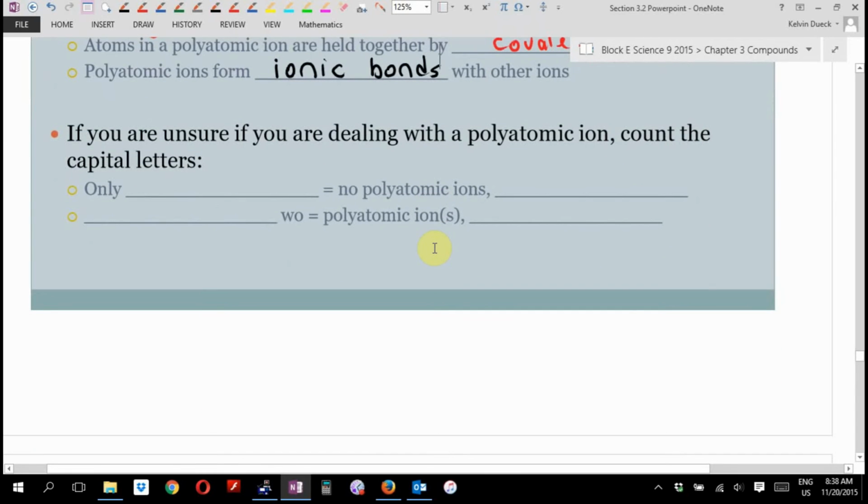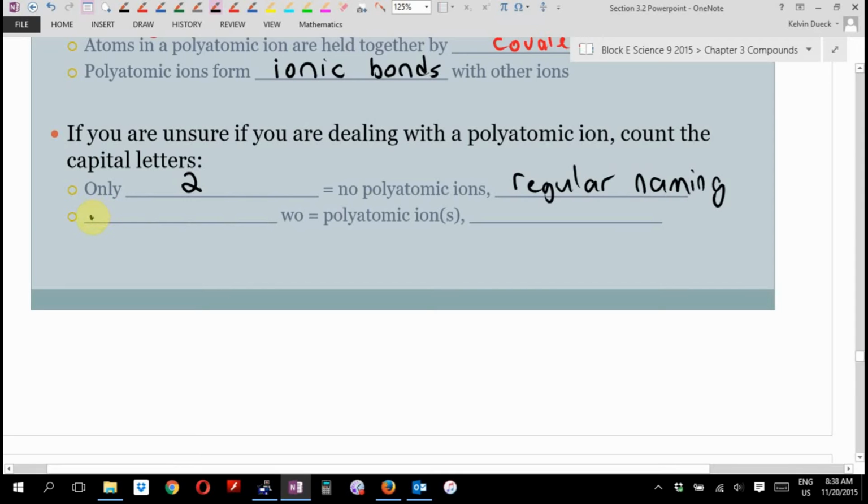There's a pretty easy way, if they give you a chemical formula. If you're dealing with a polyatomic ion, you can tell, you just count the number of capital letters. If your formula only has 2 capital letters, there's no polyatomic ions. And that's going to be just your regular naming rules, or what we called the IDE rule. If it's multivalent, you might need Roman numerals.